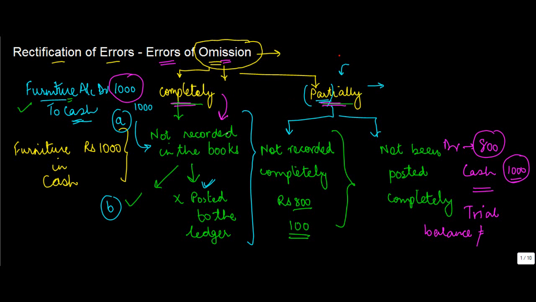When it is complete, it is either not recorded in the books of accounts, or if recorded, is not posted to the ledger entirely. When we talk about partial, it is either not recorded completely, so you could debit the furniture account but not credit the cash account, or you can record it completely, but the posting is not complete. Thank you.